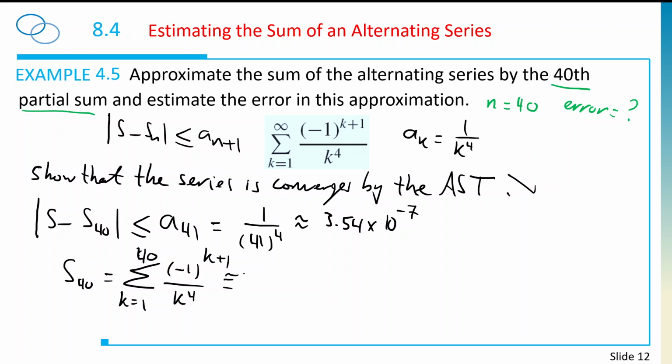And this value will be approximately, if you use your calculator, about 0.940326439. So this approximation is almost the same as the summation up to infinity. The only difference is plus or minus this value, which is a small value.